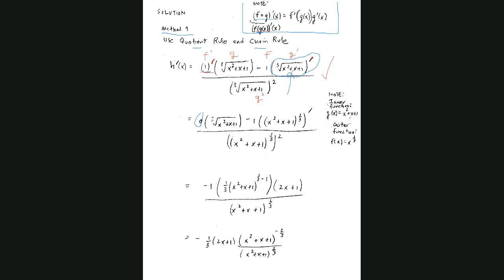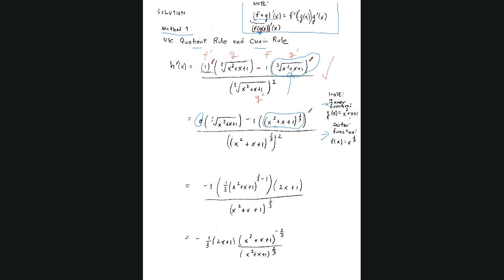And of course, I'm going to write that as x squared plus x plus 1 raised to the third power, so I can apply the power rule. But there are two functions here, an inner function and an outer function.